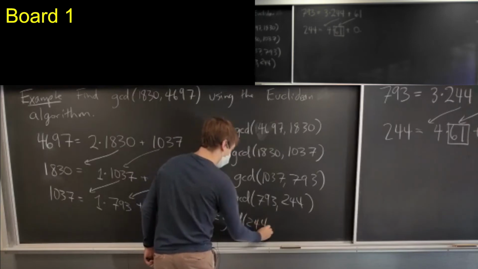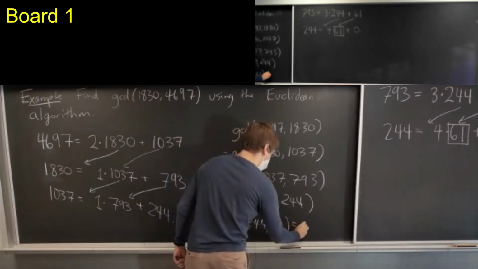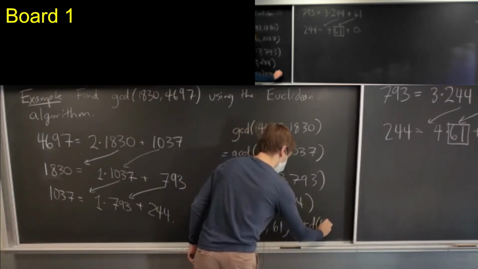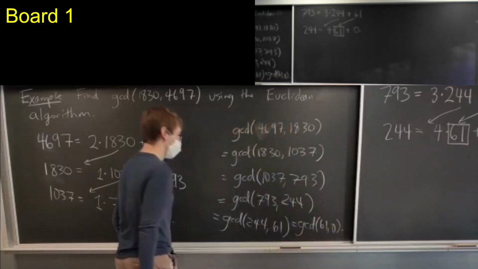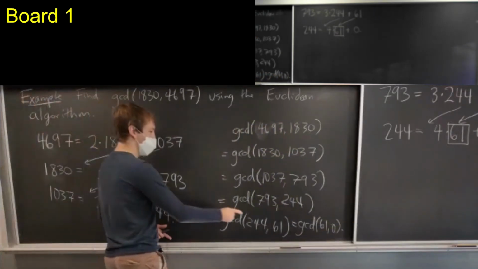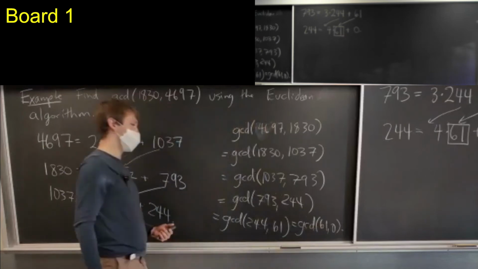You don't have to write all this every time, but this is why it works. And then the GCD of 61 and 0 is just 61.